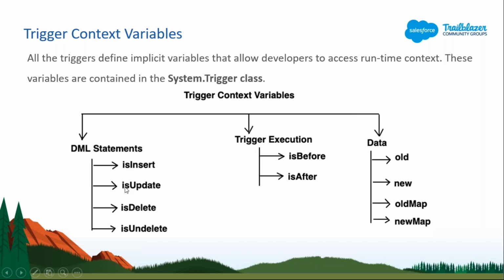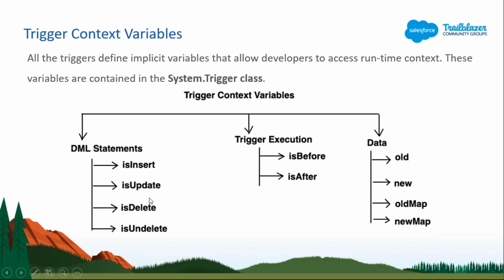So is insert, is update, is delete, and is undelete will check whether this particular action coming from your record is an insert or not. This is checked from the System.Trigger class. So we have to write Trigger.isInsert.